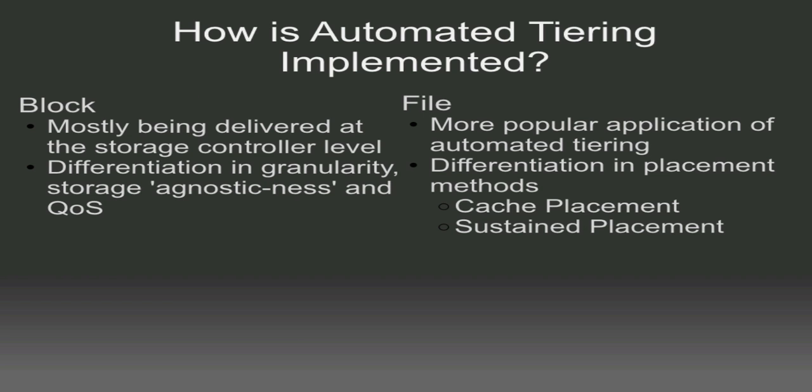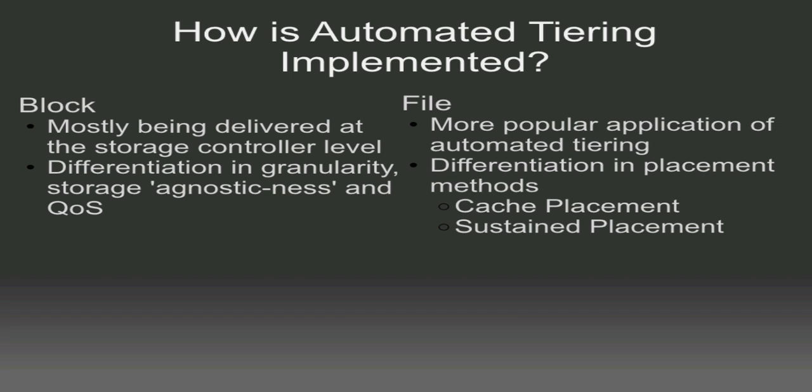So typically so far, automated tiering has been implemented in two areas. Block, mostly being delivered by storage system manufacturers at the storage controller level. So this is the controller having some intelligence that it can make decisions on segments of data and moving that data between the different mechanical tiers of storage.